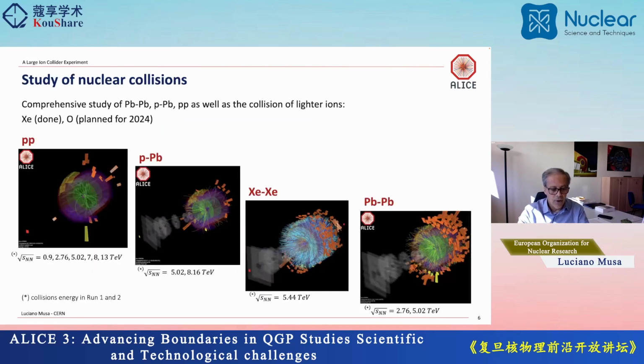To do that, a comprehensive study entails the study not only of the collision of heavy nuclei, but also, to disentangle effects that are not related to the formation of quark-gluon plasma, called the nuclear matter effects, we also study proton-lead and proton-proton collisions. It is also very important to study collisions with different species. For instance, we studied xenon a few years ago, and oxygen is planned for next year.